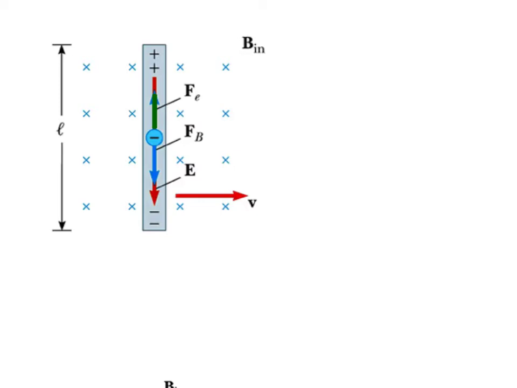The best place to start to understand motional EMFs is by using the Hall effect, something you learn in your first study of magnetism. The Hall effect describes how we can separate positive and negative charges on a piece of metal that is moving through a magnetic field. So here we've got this rightward moving piece of metal, and of course the electrons inside of it are moving rightward also, and therefore they will experience what's known as the Lorentz force.